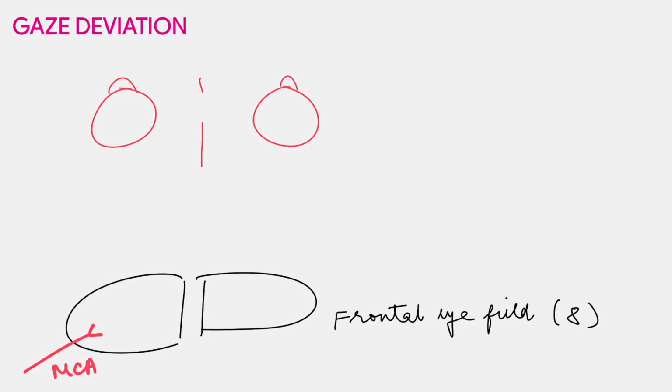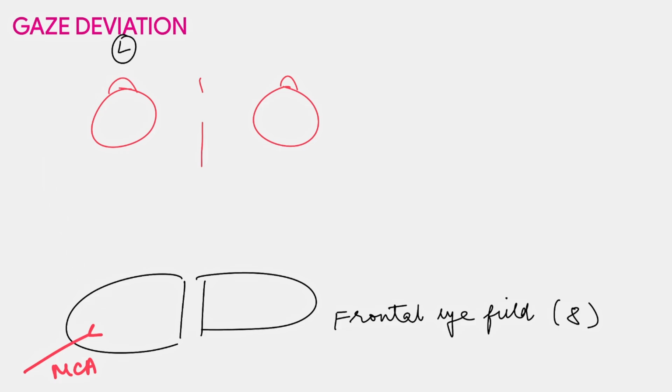The frontal eye field is responsible for your normal gaze. Normally, if you're looking straight ahead, your gaze is not shifted to the right or left. What your frontal eye field does is it always tries shifting your eye towards the other side.